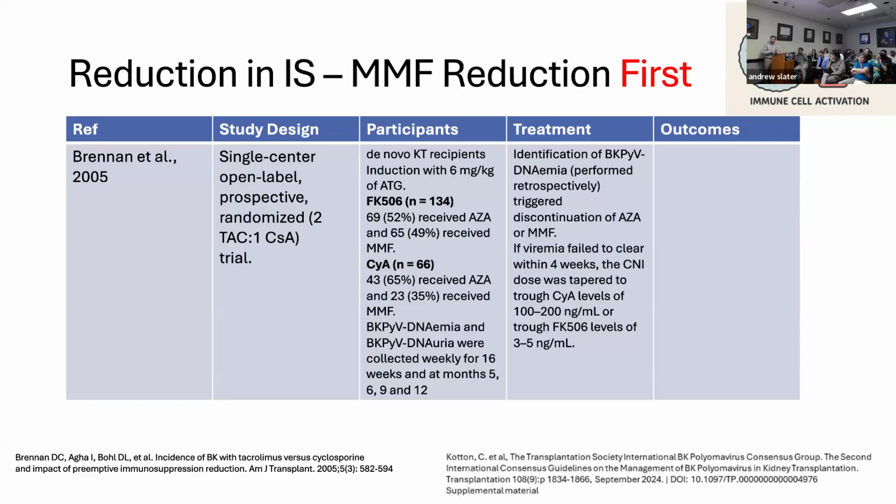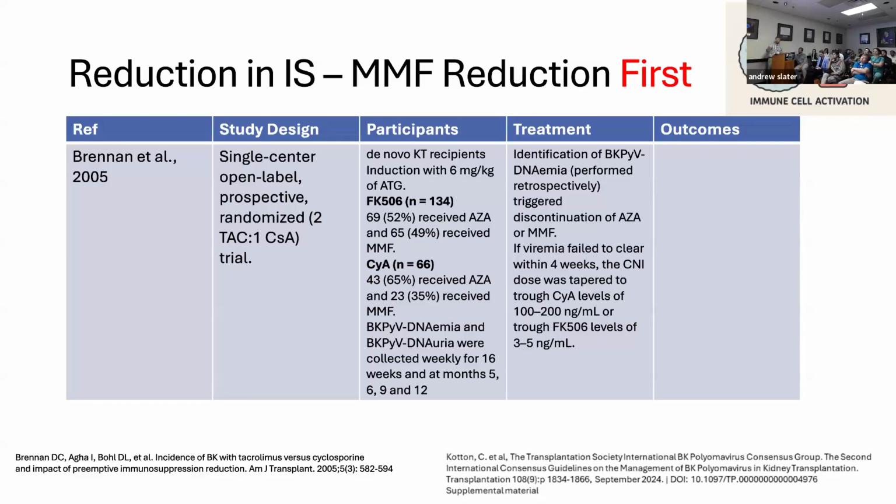Well, they all did. BK virus DNAemia and viruria were collected weekly for that period of time. And the treatment was identification of DNAemia, performed retrospectively, that triggered discontinuation of the antimetabolite, right?